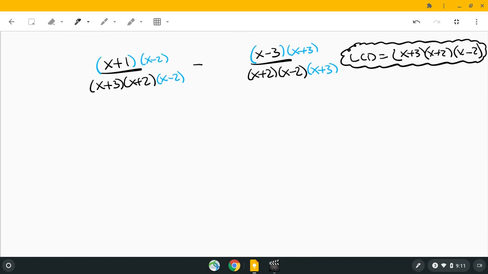Okay, so here I get x times x is x squared, and then I'm just going to do this in my head. I'm going to get negative 2x plus 1x. Negative 2x plus 1x is negative 1x. And then 1 times negative 2 is negative 2.